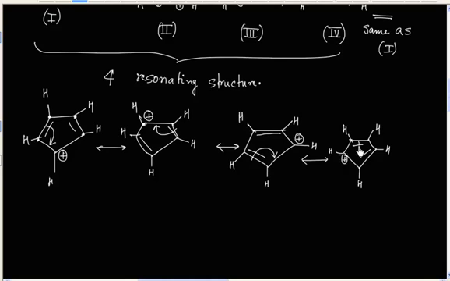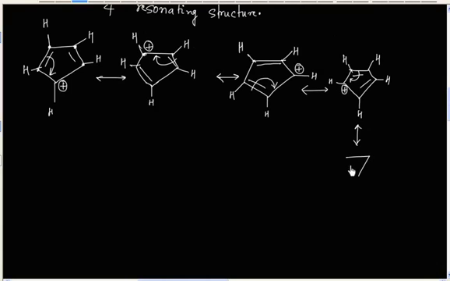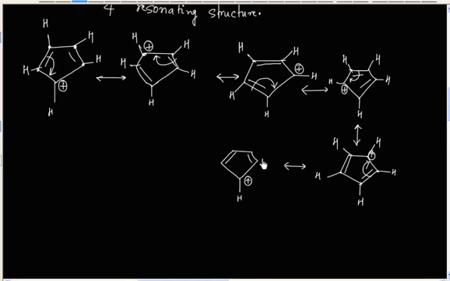We can shift this double bond here to get another resonating structure. So it will be having a double bond here and a double bond here, and this carbon is positively charged. If I try to shift one more time, that is this electron cloud goes here, now the resonating structure I am getting is this one.